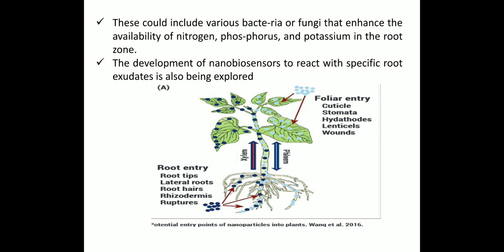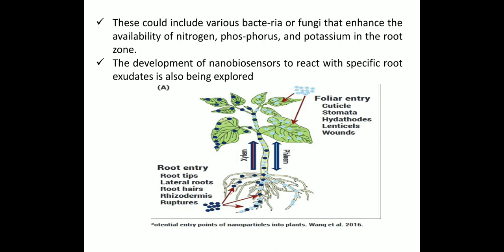The biosensors means the sensors which will be developed or measured in the scale range of 1 to 100 nanometer, which is used for evaluating the biological or the biochemical activities with the help of these nanobiosensors to react with the specific root exudates is also being explored.